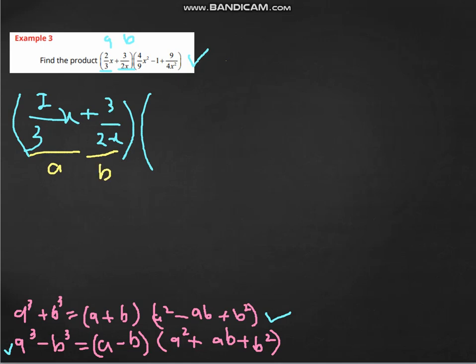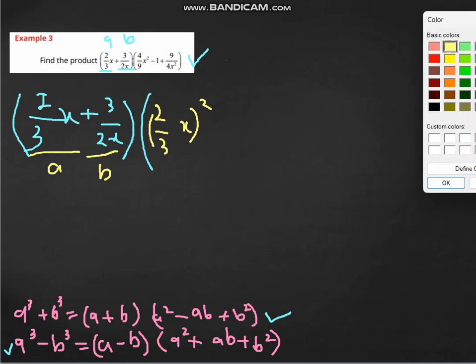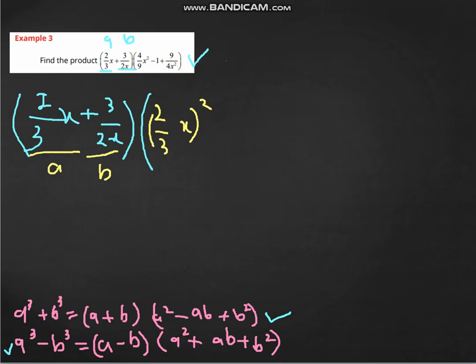Now I am going to write 2 upon 3x squared. Well, I should have made a better bracket here. Let me change the bracket. This would be a square bracket. Well, let's rewrite it.